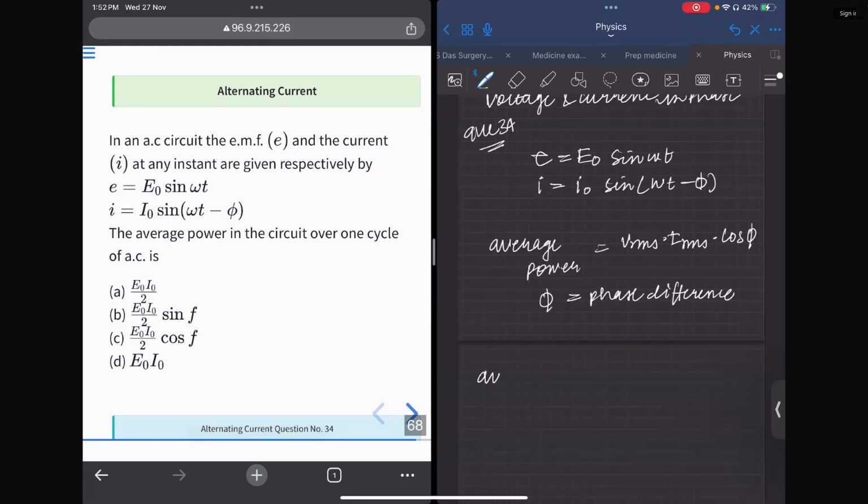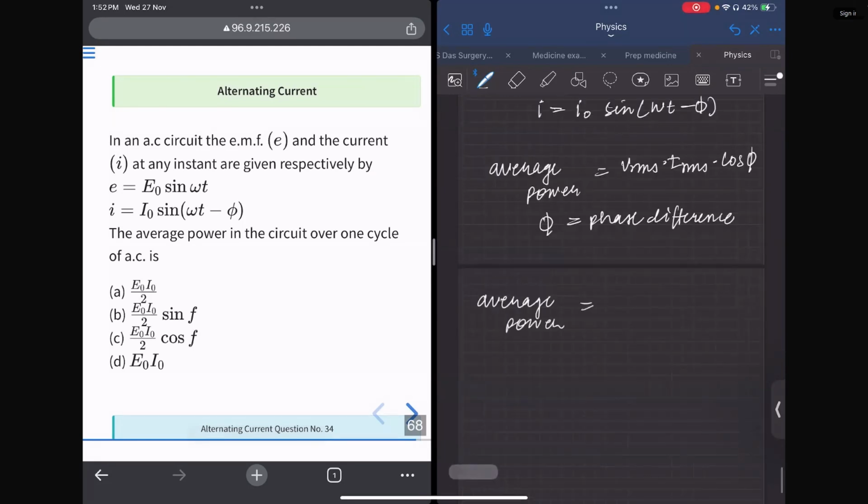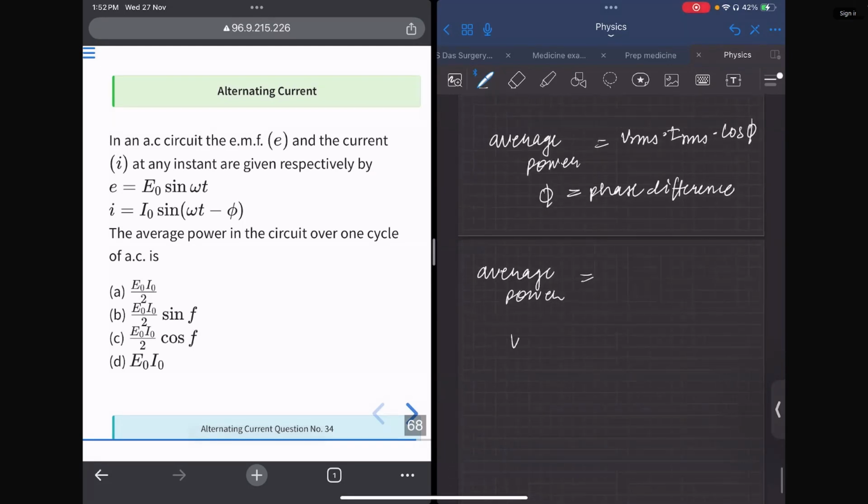VRMS is V naught by root 2, and V naught here is E naught, so E naught by root 2. IRMS is I naught by root 2.